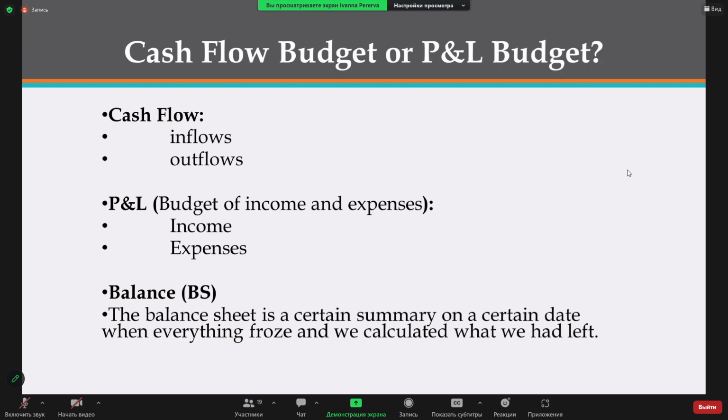And the last one you can use is your balance sheet. It's like a summary on some concrete period of time when everything is frozen and we calculate what we had left. And in general, when we are talking about some previous period, we can't say, oh, we'll fill in our balance sheet for today. No, it's impossible.